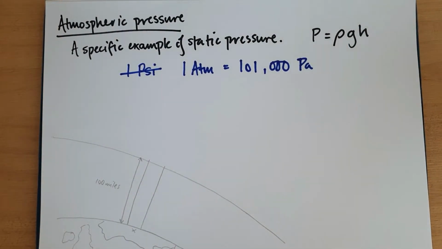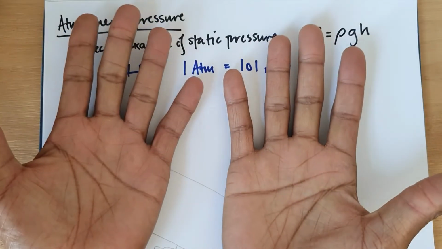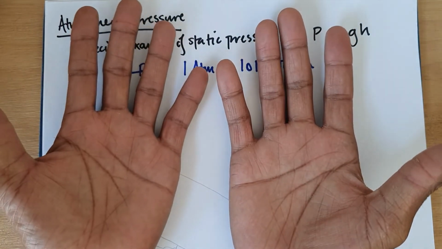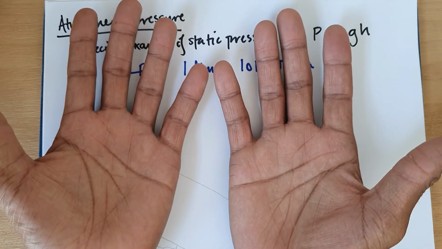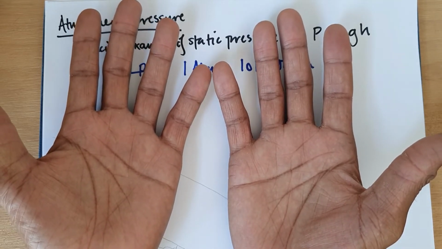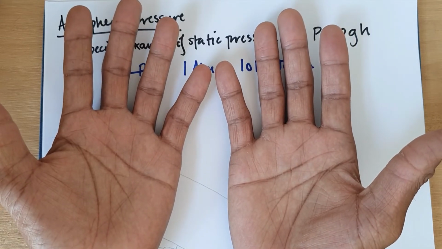In fact, the pressure due to the depth in our atmosphere is large enough to have lots of interesting and useful impacts. A way to visualize this is if I stuck out my 2 hands like that, the force on my 2 hands due to the atmosphere is about the same size as twice my own weight.